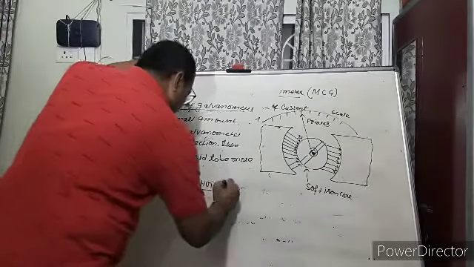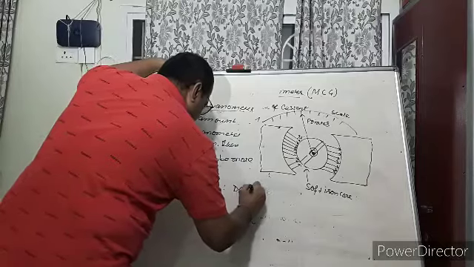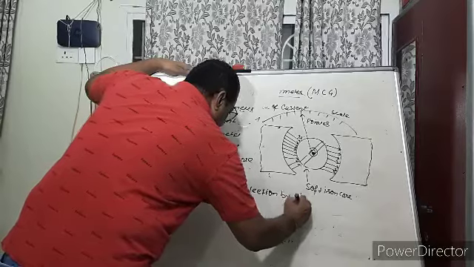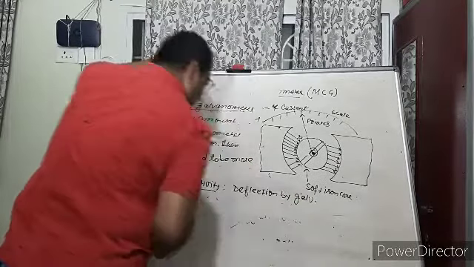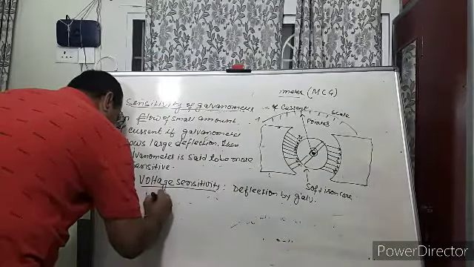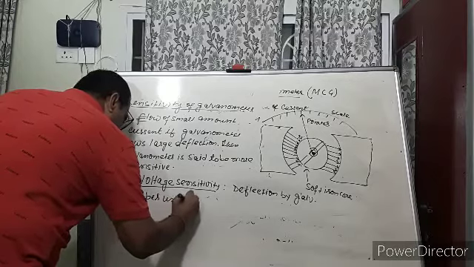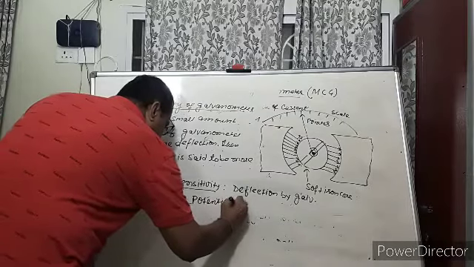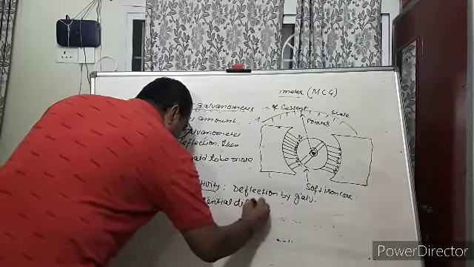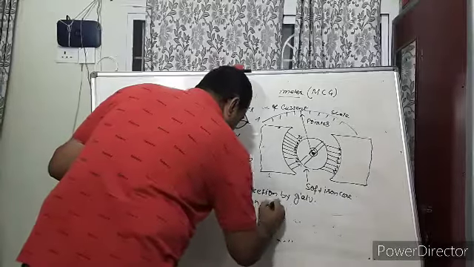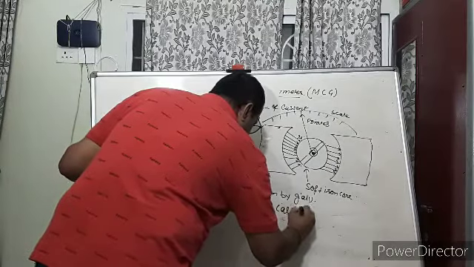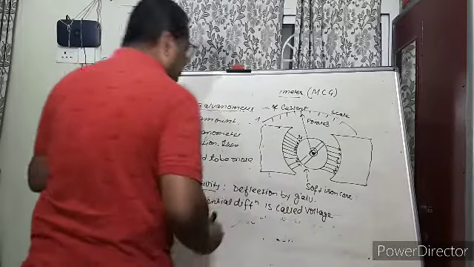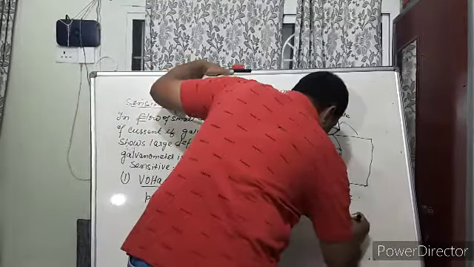Deflection by the galvanometer per unit potential difference is called voltage sensitivity.